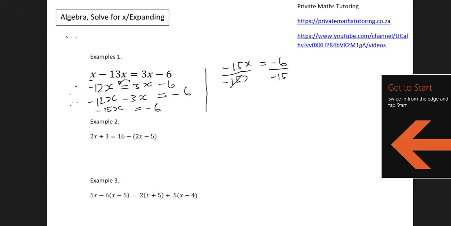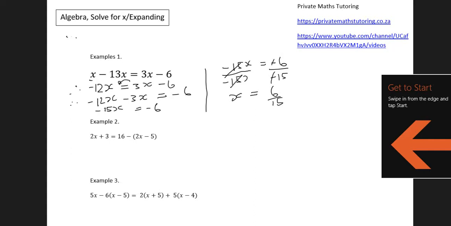So this minus 15 and this minus 15 will cancel. So you see we have a negative here, we have a negative here, so we are just left with x from this side is equal to 6 over 15. So that is how we do it if you're looking at solving for x.